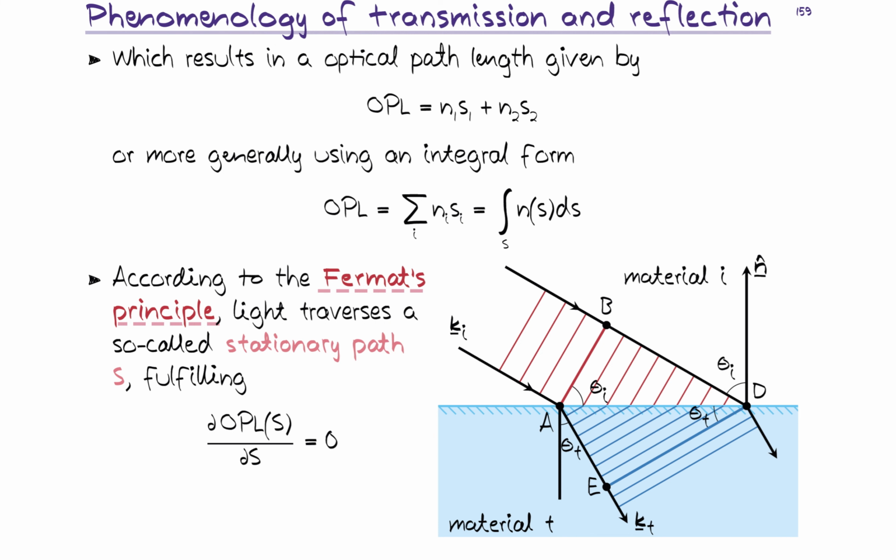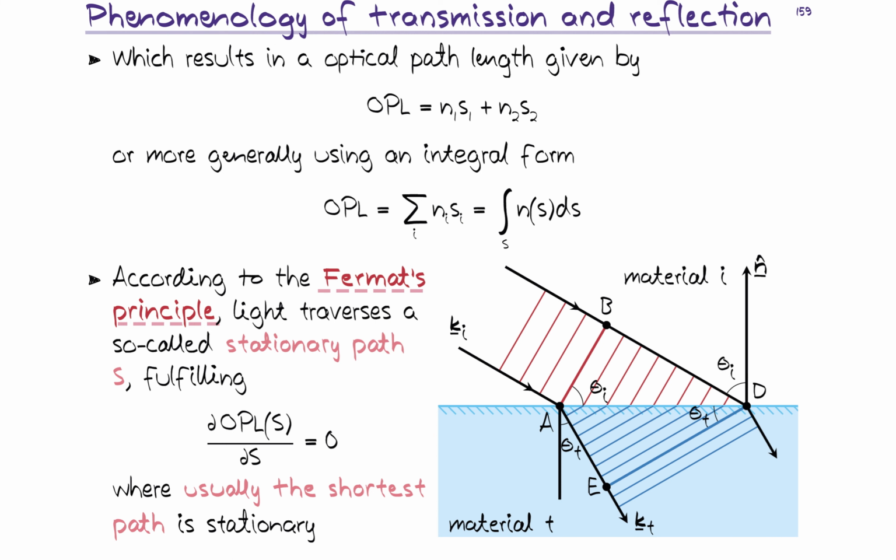That's why it's called a stationary path: in a way, it's at least a local minimum, if not a global minimum. And most of the time, the shortest path is the stationary one, but it's not exactly always so.